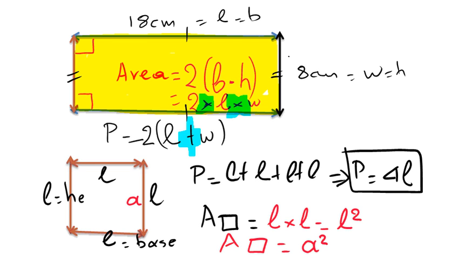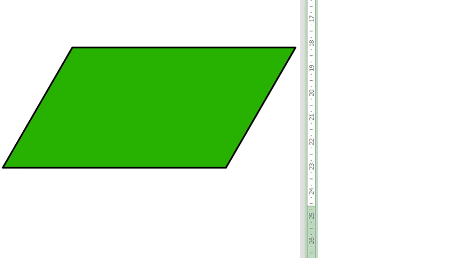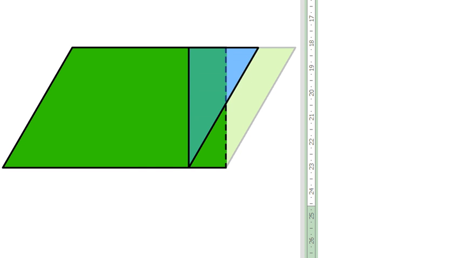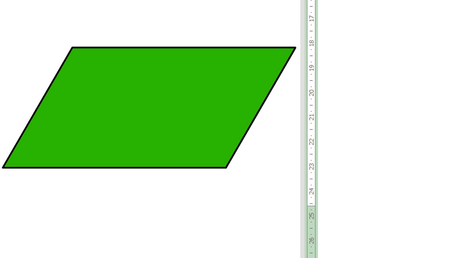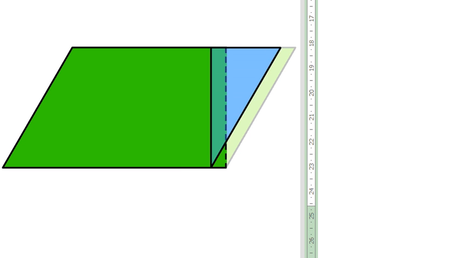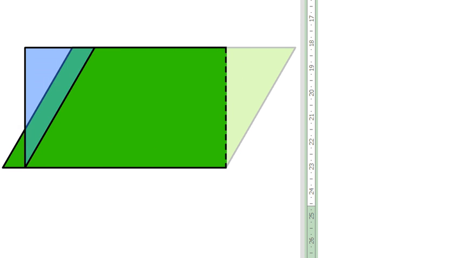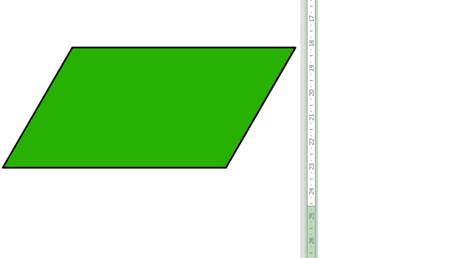Let's see now how we find the area of other parallelograms, which are not rectangles. Imagine that this is the parallelogram we have, and we cut it at this point, where the height goes across in a perpendicular form, and we slide it across the cut-off side.